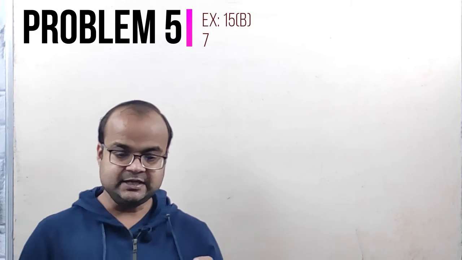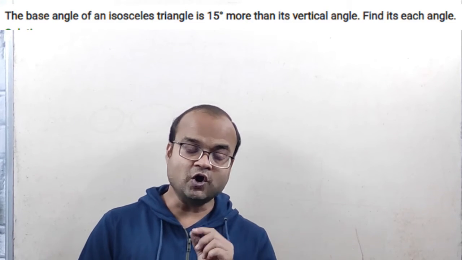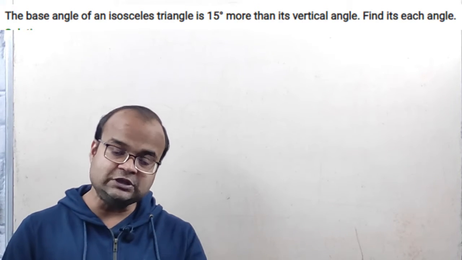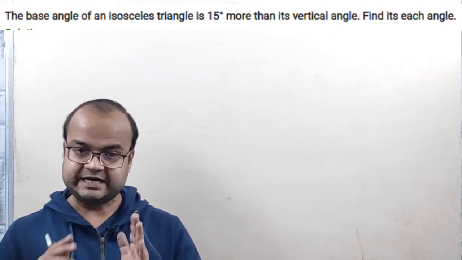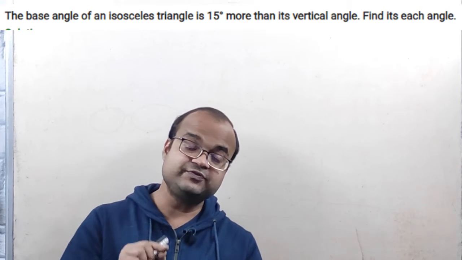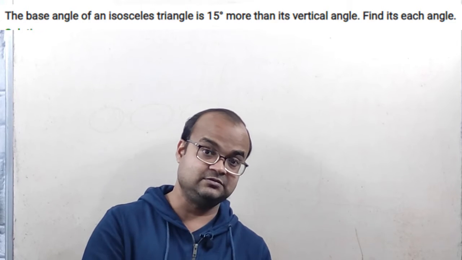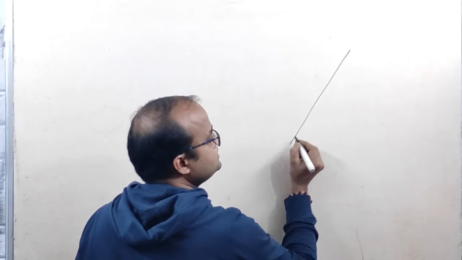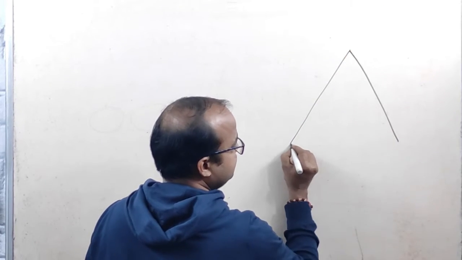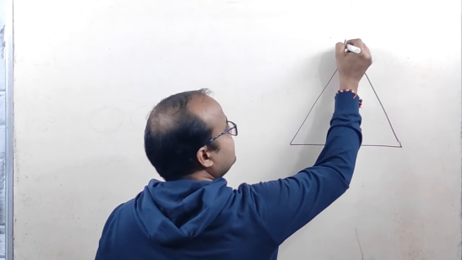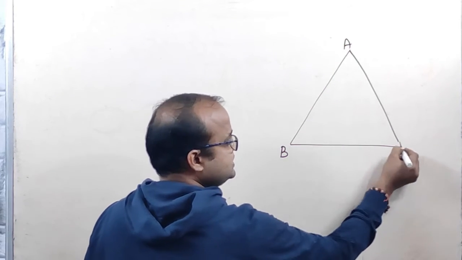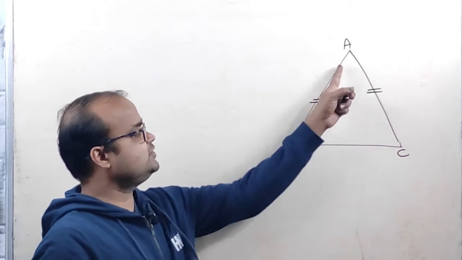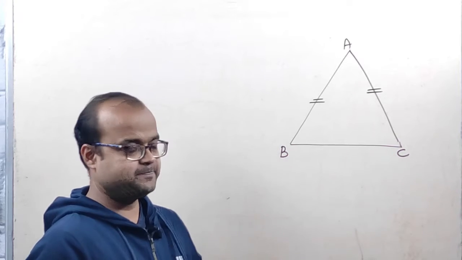Now let us discuss our next problem. Here it is given that the base angle of an isosceles triangle is 15 degrees more than its vertical angle. So if we draw an isosceles triangle, named it as ABC, and since it is an isosceles triangle, we assume that AB equals to AC.